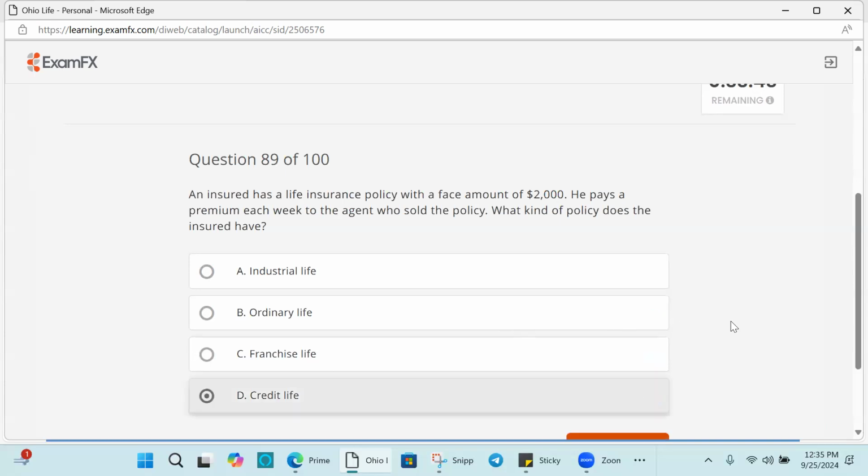No, it's industrial life. By definition, you pay the agent. The only time you can pay premium to the agent who sold you the policy is in the case of industrial.